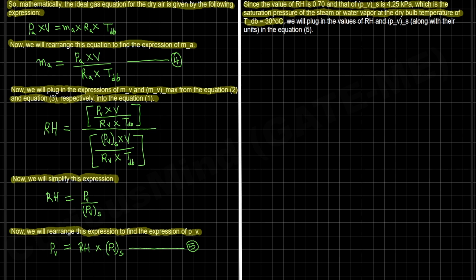If PVS, that is the partial pressure of water vapor in a saturated condition, is not given, then we would just have to obtain its value from the saturation steam table for the temperature.